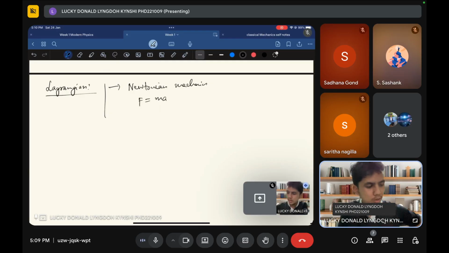But why do we need the Lagrangian? If you want to solve more complex systems, the Lagrangian is another way of solving the equation of motion. They are not that different. The main idea is to solve the equation of motion, or to solve how a system evolves. But there are different ways in which we can solve the problems.